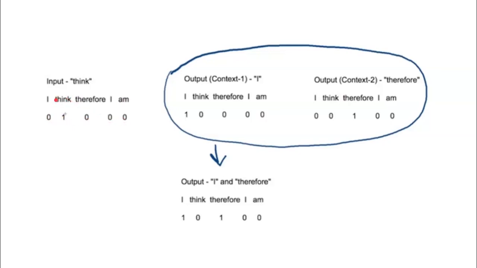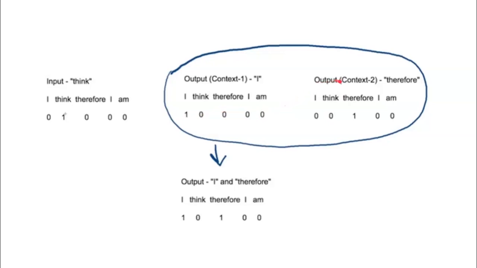The neural network should predict the context words which are nearest to the word "think", right? So the expected output would be of two types, or two contexts. Let me take the first case, where the preceding left word is 1. It successfully predicts one of the contextual words, that is "I", so the output would be 1 0 0 0.